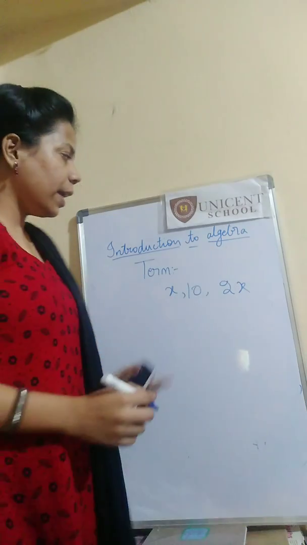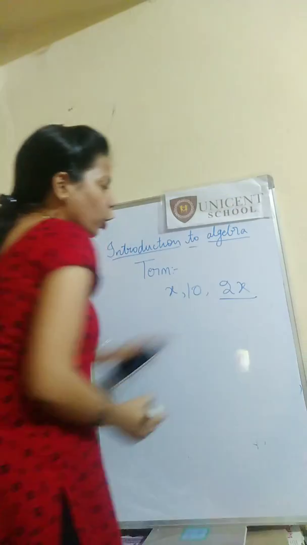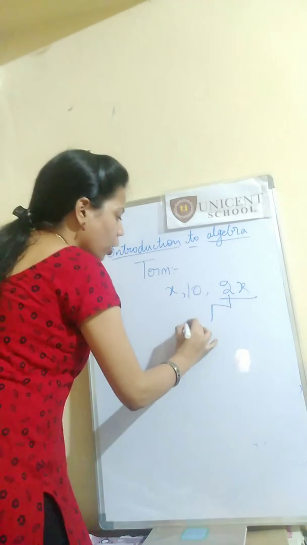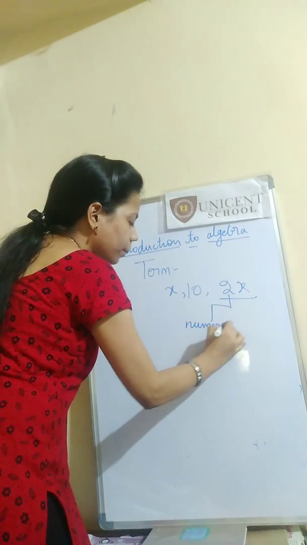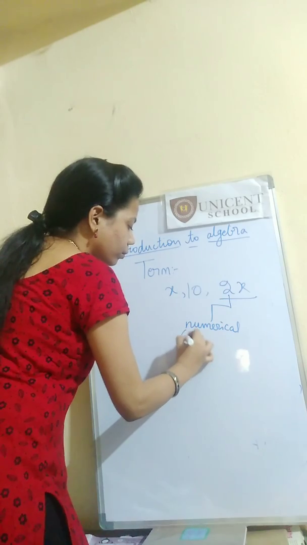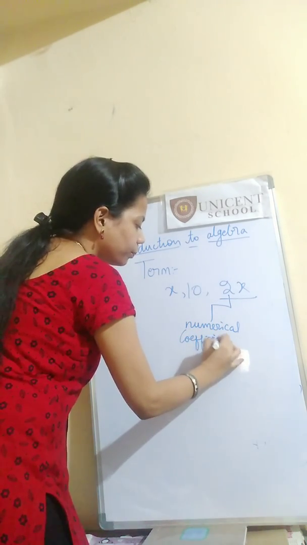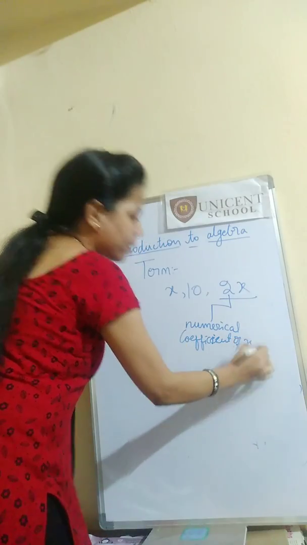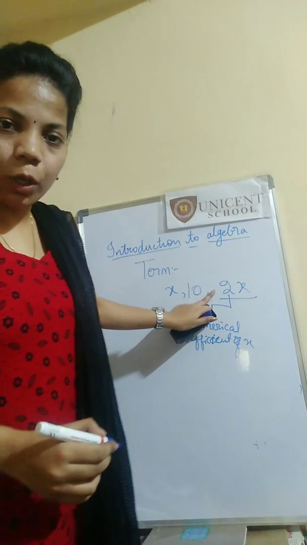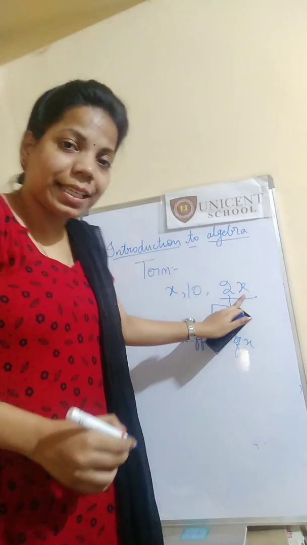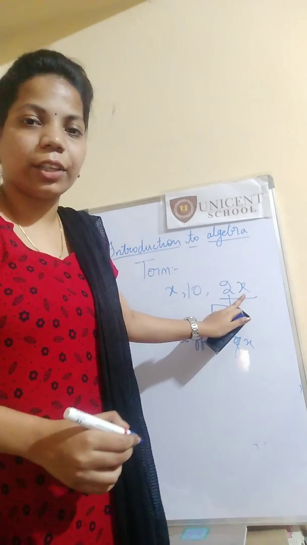Okay children? Here in this term, 2 is called as numerical coefficient of x. 2 is called numerical coefficient of x and x is called literal coefficient of 2.